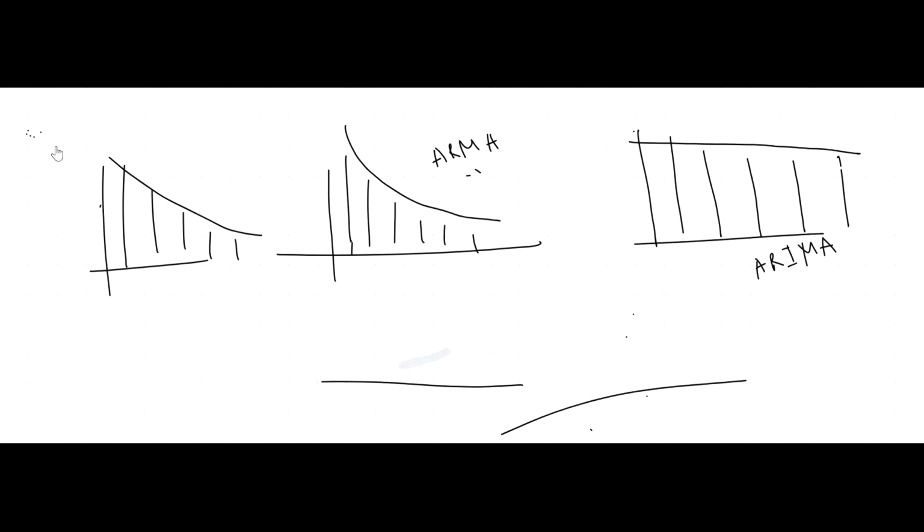Let us see first; I'll show you how a SARMA model looks like. A SARMA model would decay rapidly, and then you'll see there are bumps in the opposite direction.